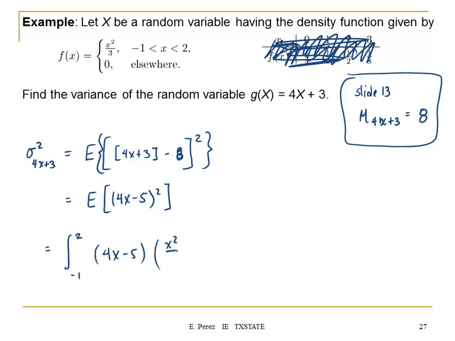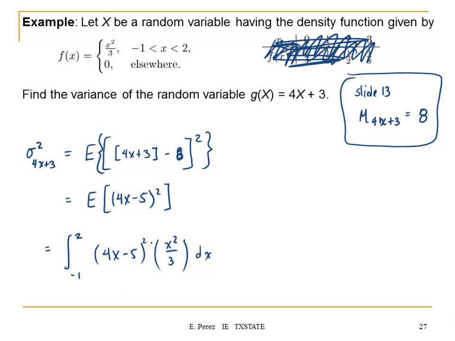Correct. x squared over 3. dx. Okay? So, to get to this point, everything is fine. Now, what comes next is more calculus and math.